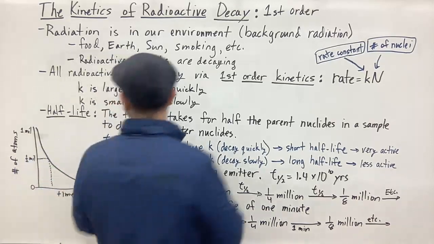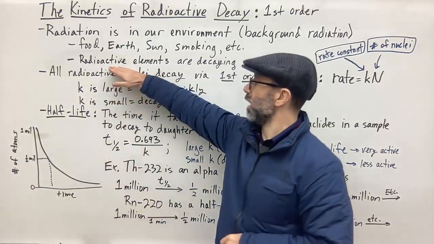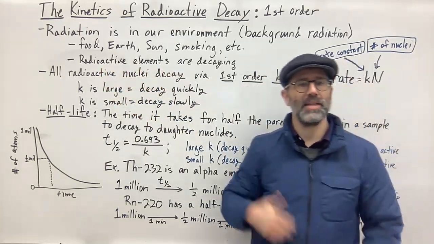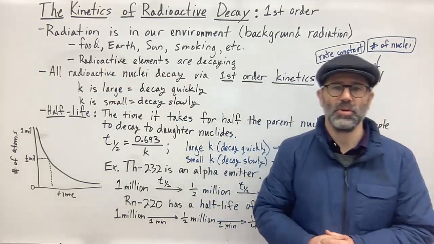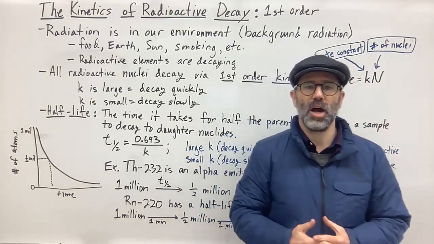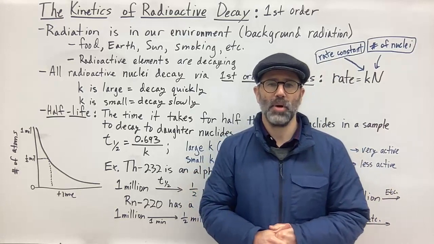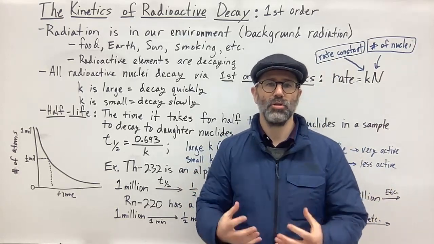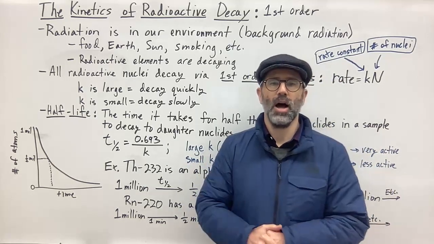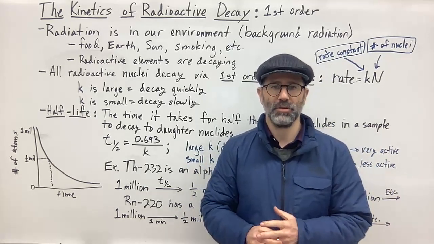It's also due to the fact that the ground, for example, and the air have radioactive elements, and these radioactive elements are decaying. So we saw earlier in another video that elements that are larger than 83 protons, elements or nuclei that have 84 protons or above, are going to be radioactive.